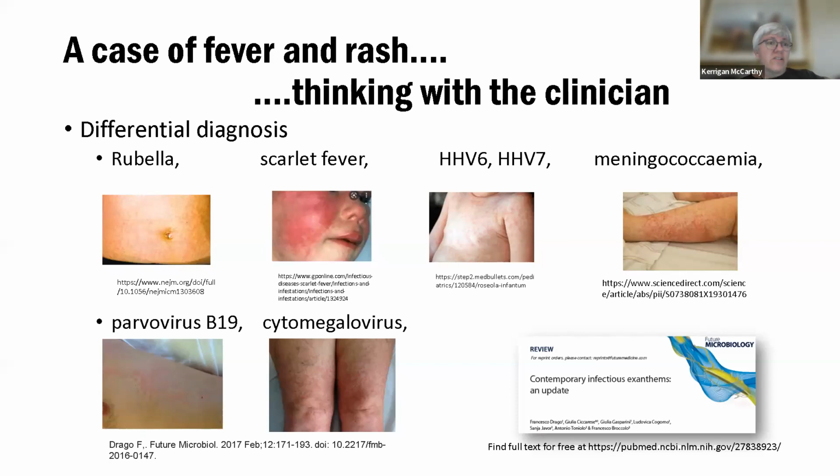So the differential diagnosis could include rubella, it could include scarlet fever, it could include a clinical condition called exanthum subitum, which is caused by human herpes virus 6. Human herpes virus 7 can sometimes cause a clinical syndrome like exanthum subitum.